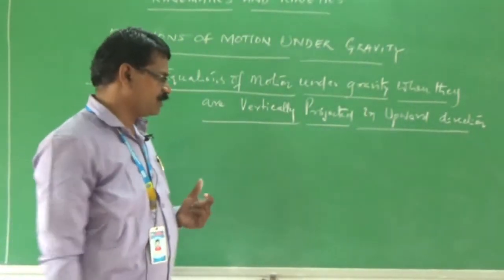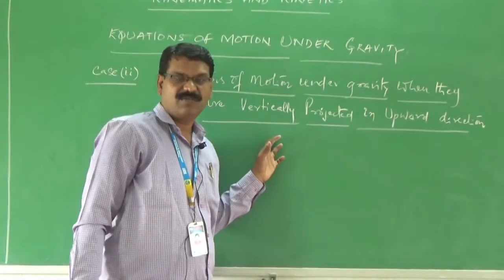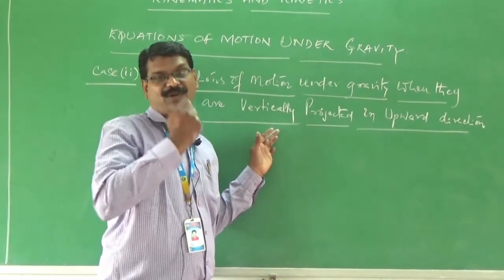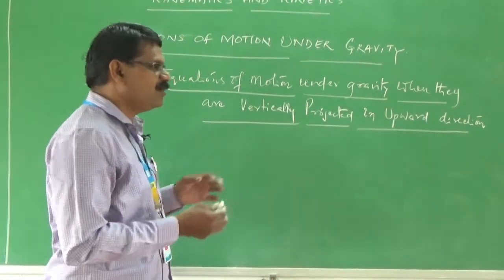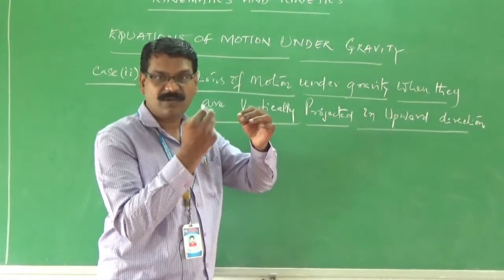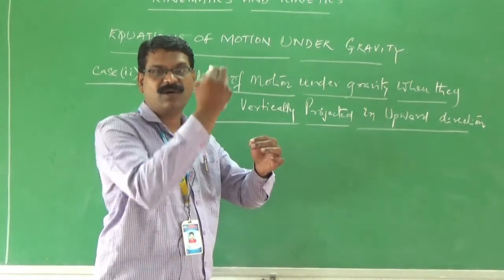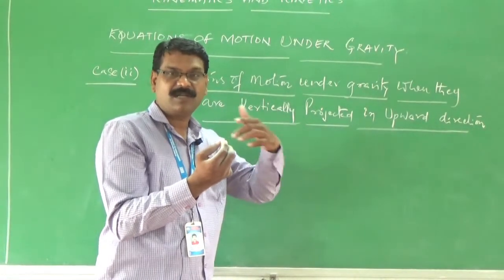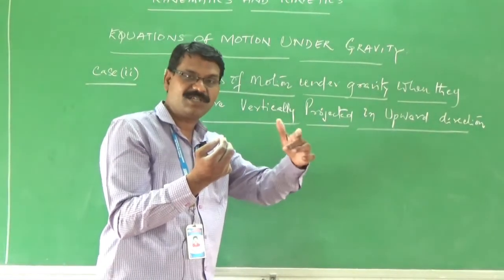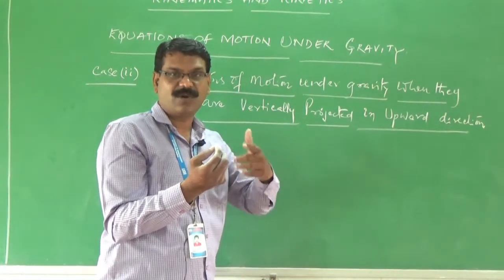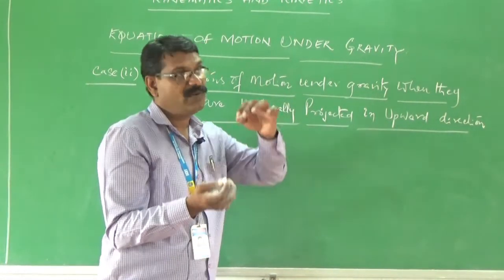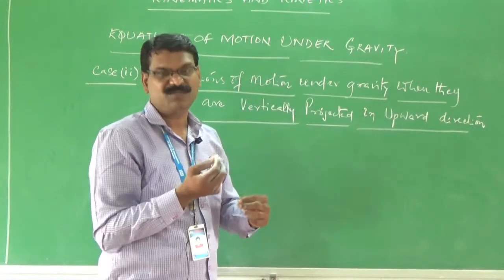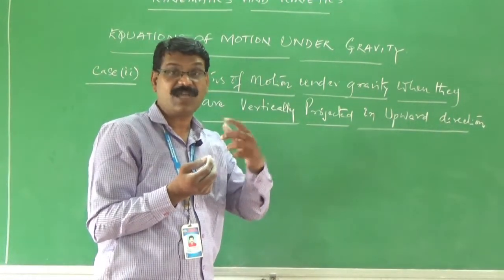So what type of changes happen whenever a body is projected from the downward direction to the upward direction? Usually when we throw a body upward, there is no change in its initial velocity. So it remains the same, whereas my acceleration due to gravity becomes negative.